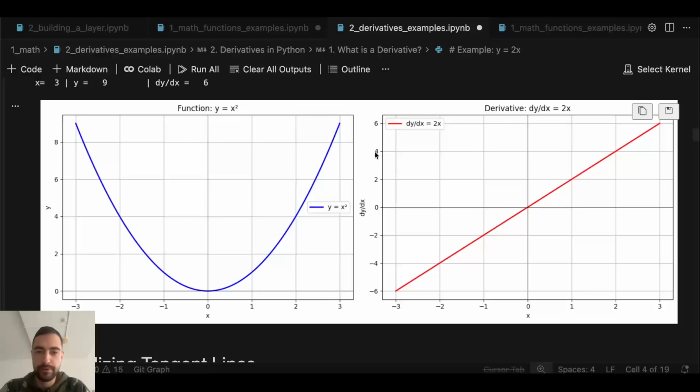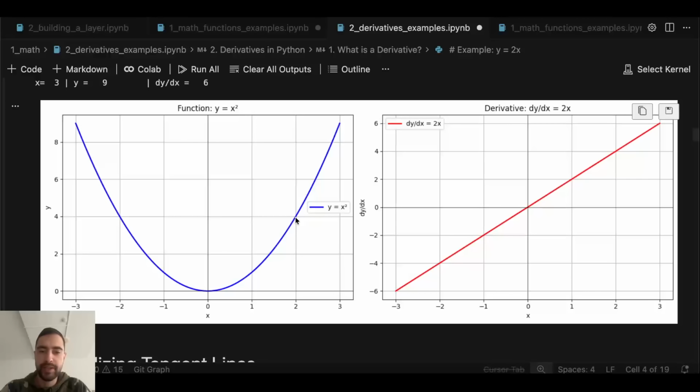You see here it's the number 4. So if you increase x by a bit, the y will increase 4 times, because at this particular place, let's calculate the derivative. The derivative is 2 times x, so 2 times 2 is 4.